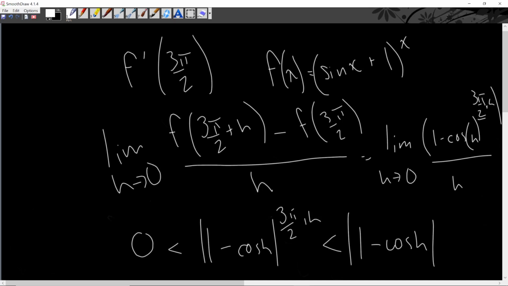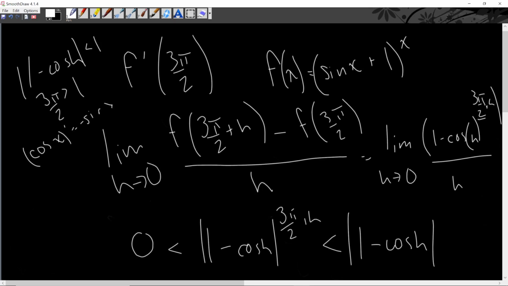And then, since 1 minus cosine h is less than 1, and 3 pi over 2 is going to be greater than 1, then since the derivative of the cosine function is negative sine, we have 0 is less than or equal to the limit as h approaches 0 of 1 minus cosine h.